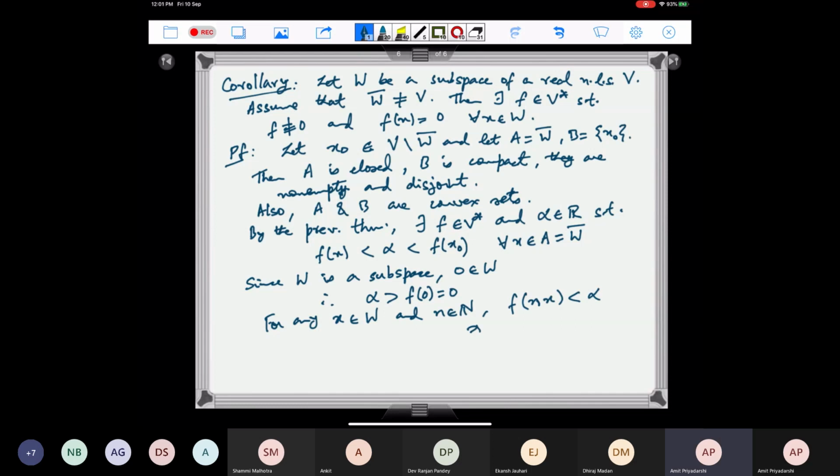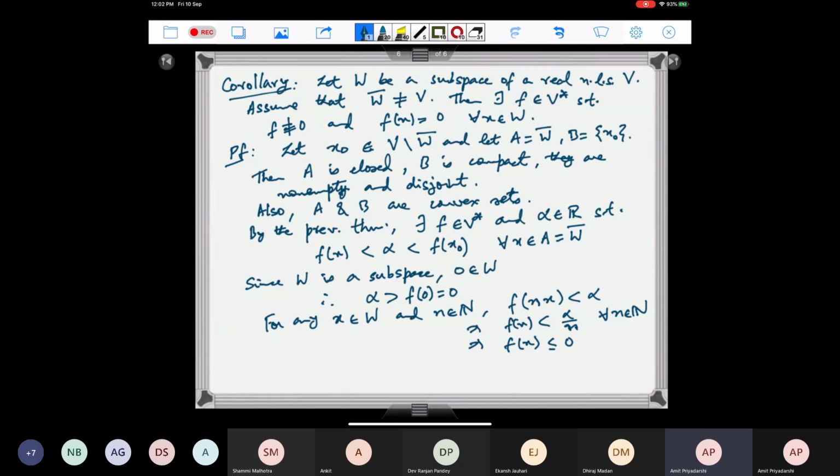So this will imply f(x) is less than alpha by n. This is true for every n in N. So this will imply that f(x) has to be less than or equal to 0, because alpha by n goes to 0.